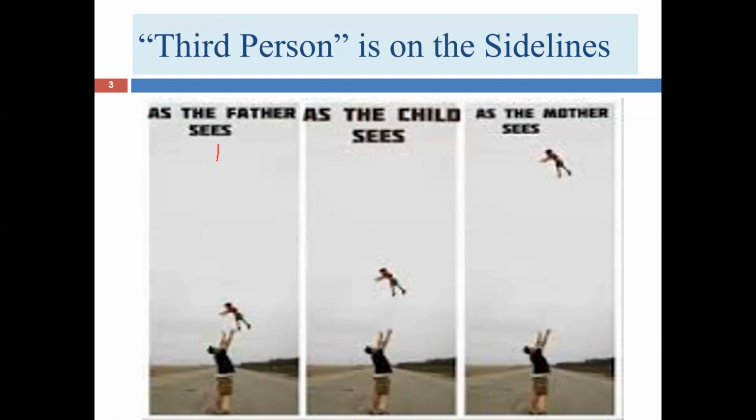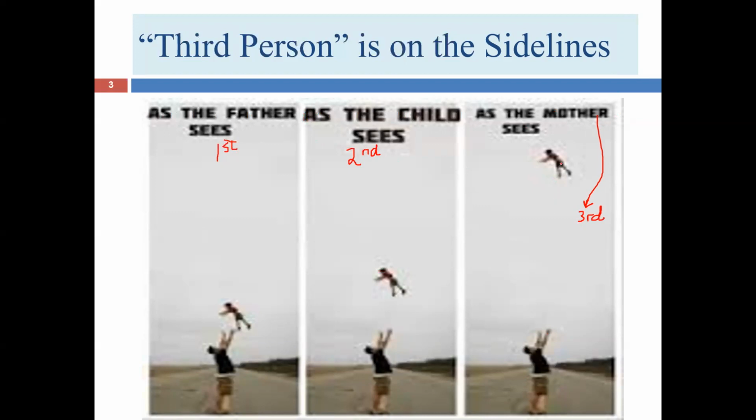So Daddy is the first person, we'll say, and little Johnny or little Sarah is the second person, the kid being thrown up in the air. Mom, though, is the third person. She is neither throwing anyone up in the air, nor is she being thrown. She's seeing it from the sidelines, and she's terrified.